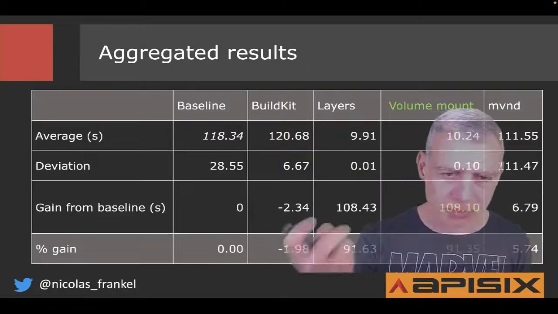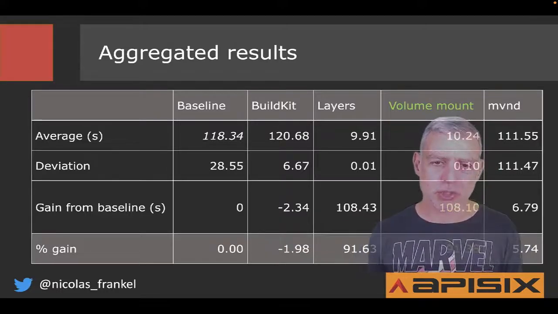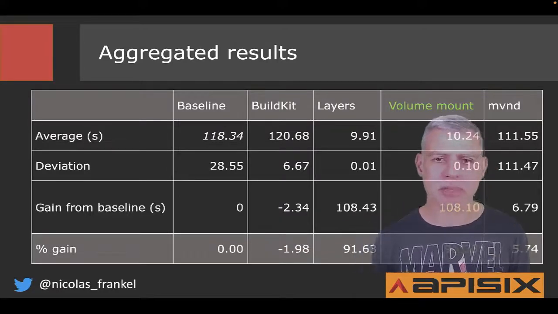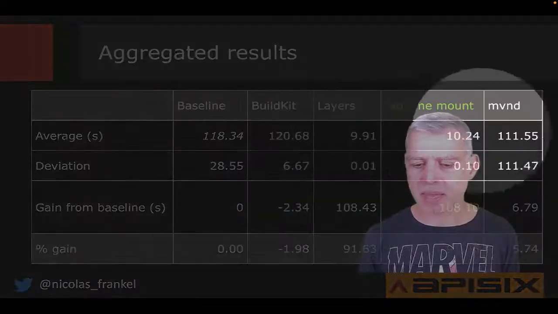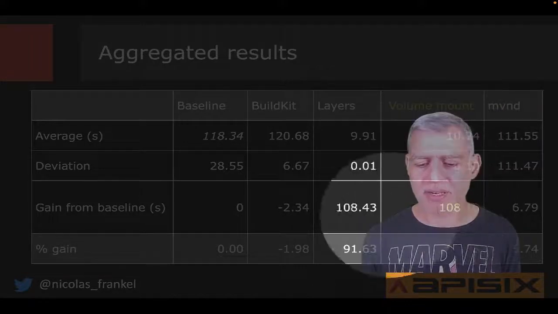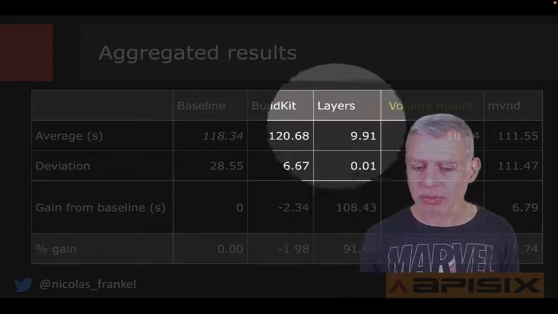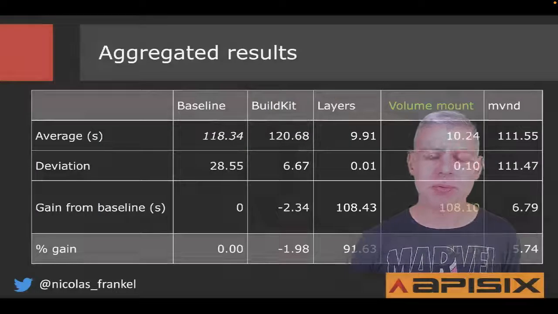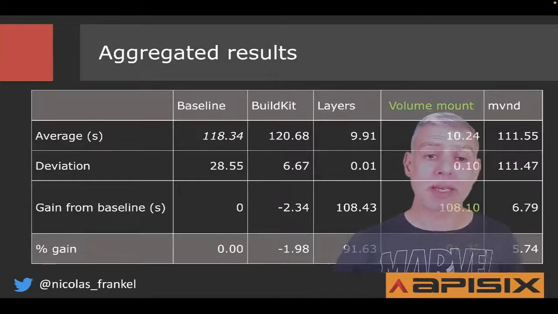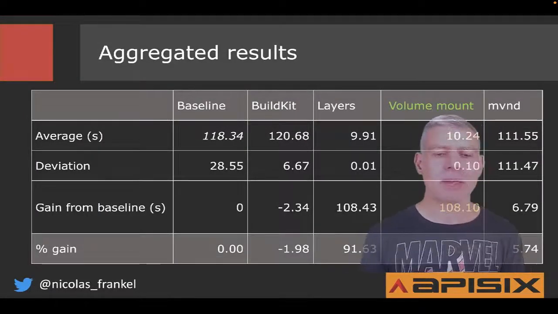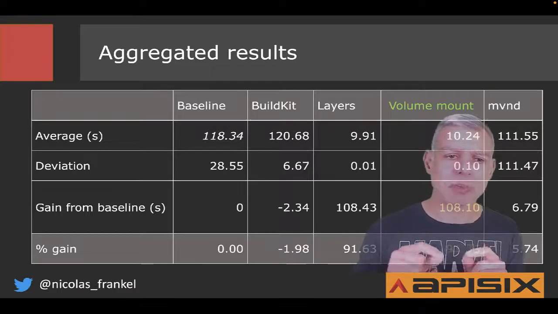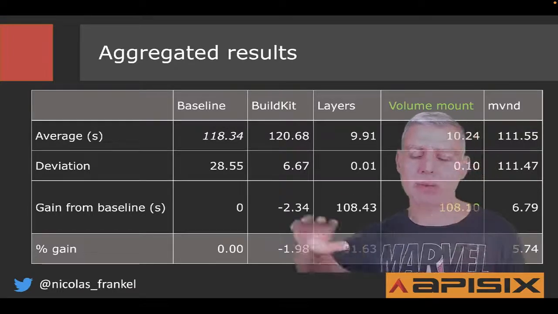Again, you might do your own benchmarking with probably better checks. But yeah, here the volume mount is actually really, really great at making things better. It's close to the layer approach, but you don't need to think about the layers. You can do that yourself, of course, but in that case, every time you change one single dependency, the layer will be invalidated.